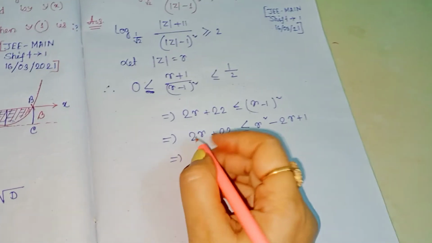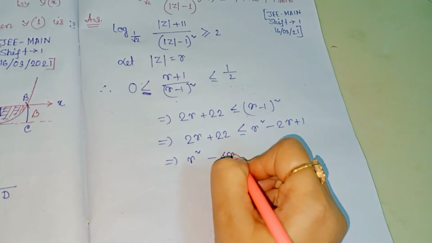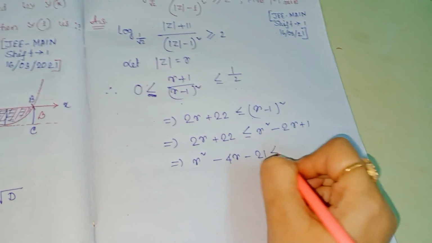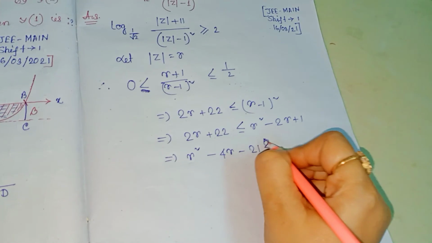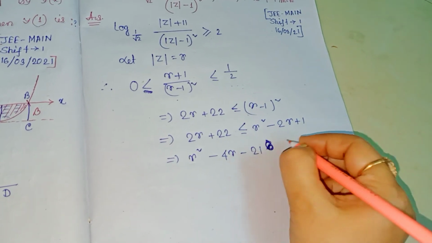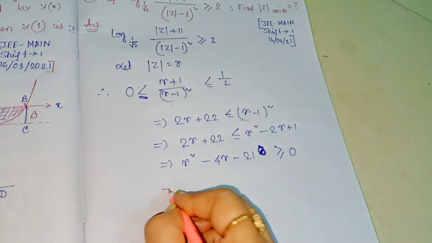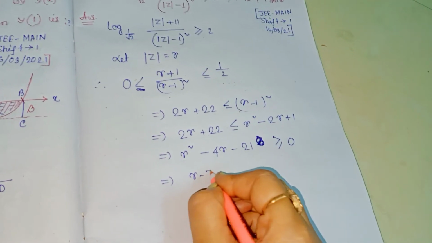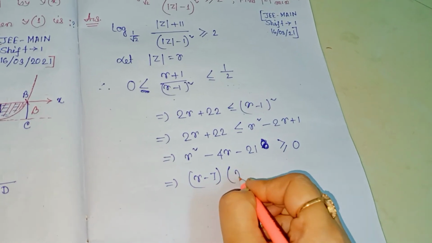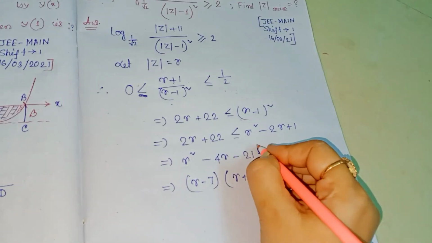So now r square minus 4r minus 21 is greater or equal to 0, as the sign changes when we place it on the right side. Now it becomes (r minus 7) into (r plus 3) greater or equal to 0.